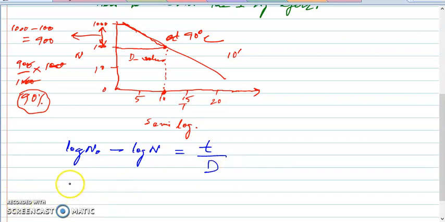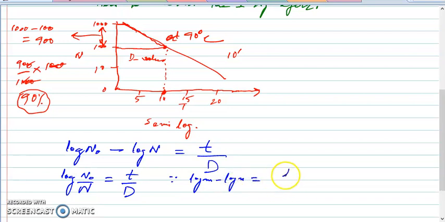Now we can write this also as log N naught upon N is equivalent to t divided by D, because log M minus log N is equivalent to log M divided by N. Simple math.